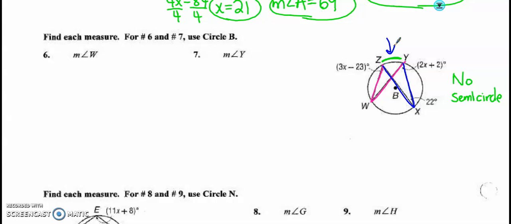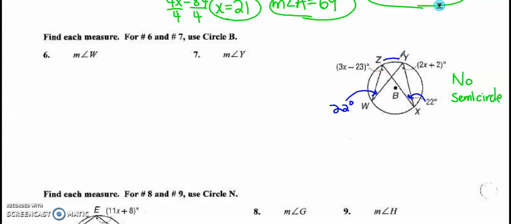So you see the 22 degrees? Let me get rid of this real quick. There is a 22 degree angle right here. That means this inscribed angle has to also be 22 degrees. Why? They both touch this arc.